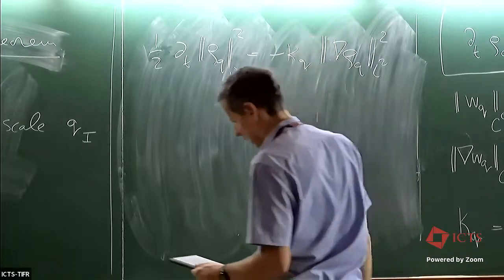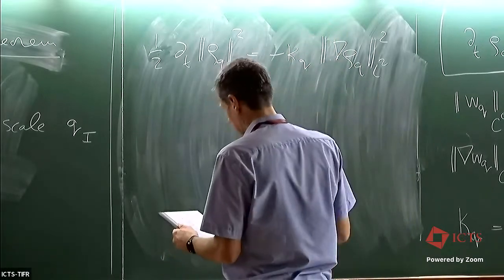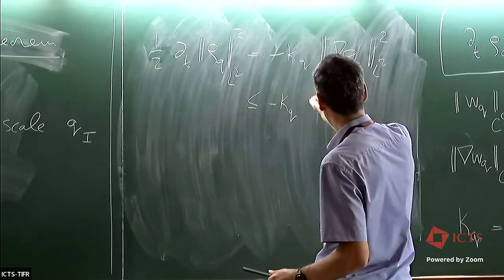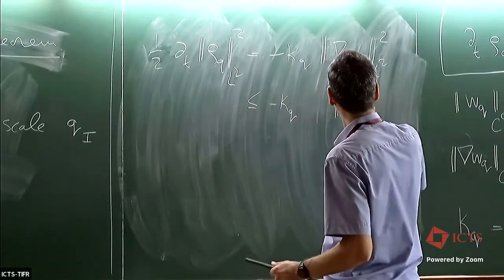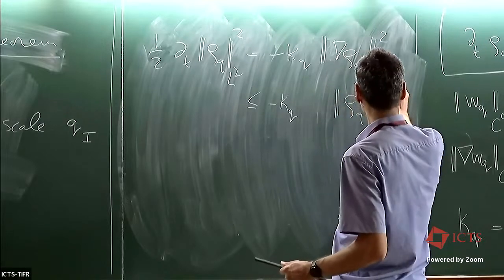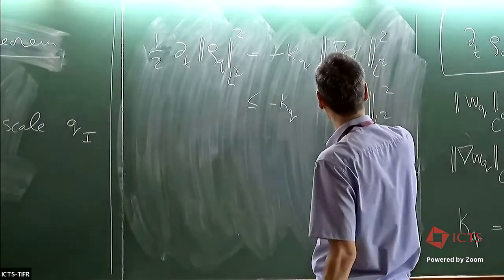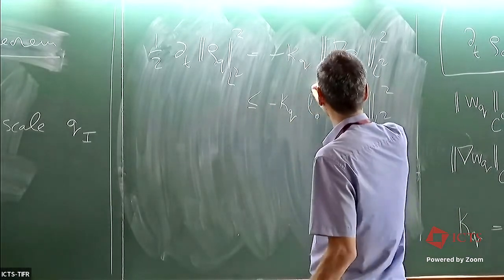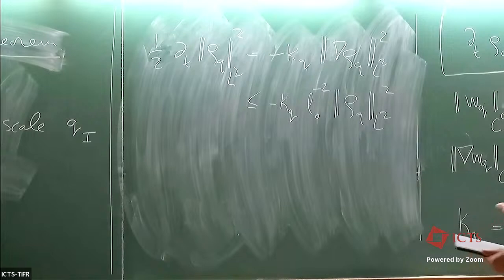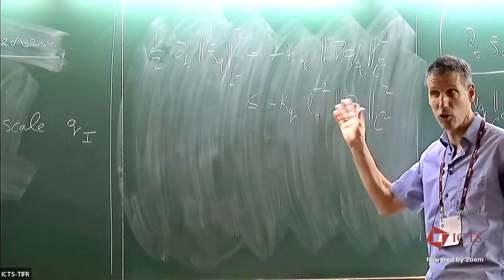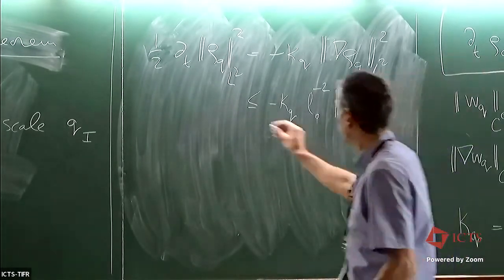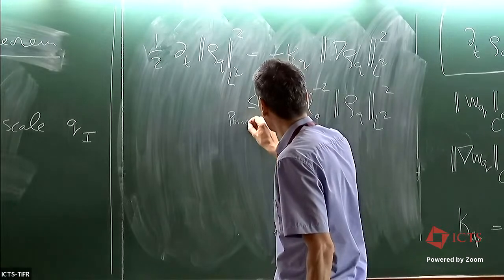Now I use Poincaré to say that this is bigger than minus kappa q, some constant, times the L2 norm squared of rho q. The constant, if you want to play with dimensions, which is always useful, is inverse length squared, determined by the domain. This is just a Poincaré inequality.